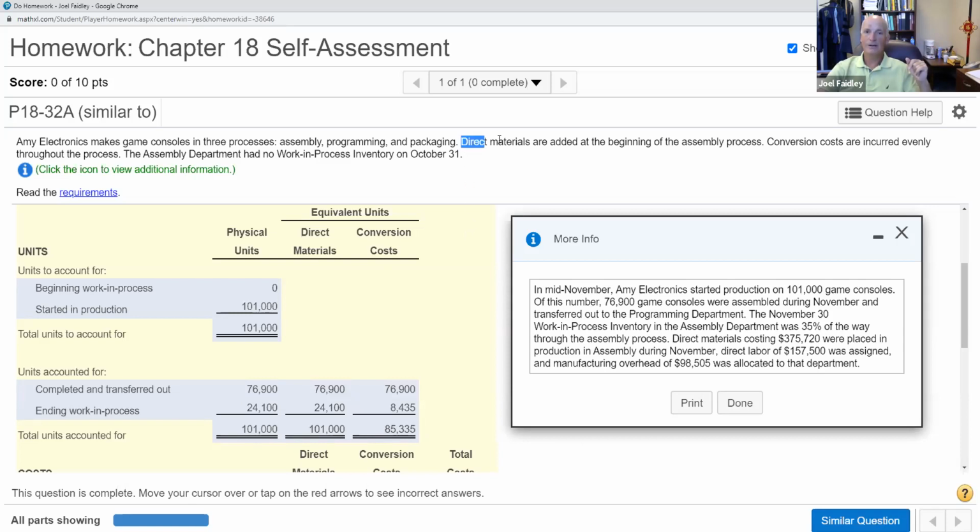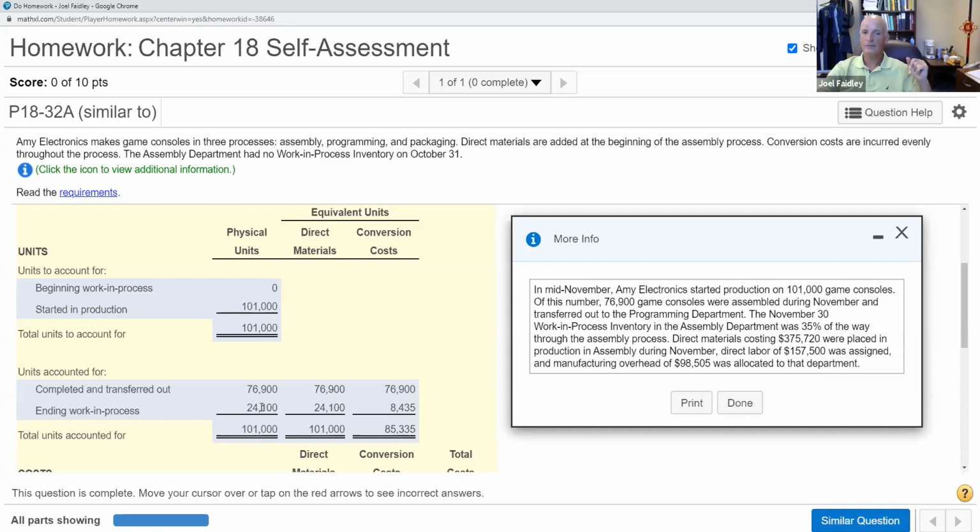And so the ending inventory says materials must be added at the beginning. Direct materials are added at the beginning of the assembly process, so that 24,100 is going to be 24,100. But it says that it is 35% of the way through the assembly process.